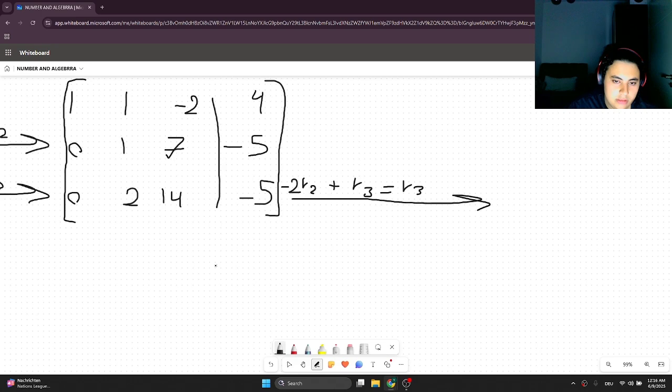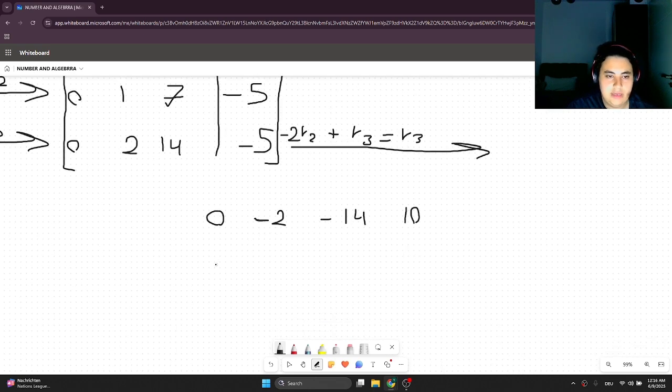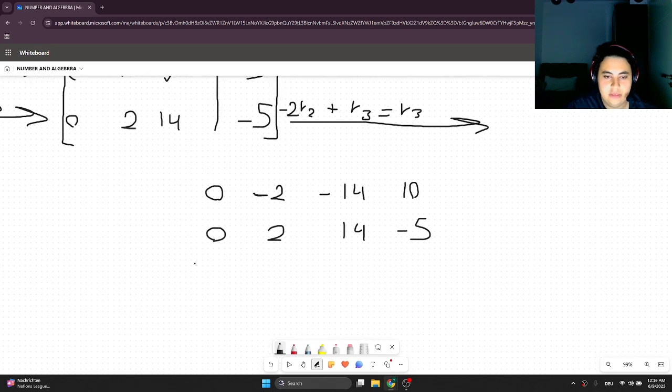So the second row multiplied by negative 2: 0 times negative 2 is 0. 1 times negative 2 is negative 2. 7 times negative 2 is negative 14. And negative 5 times negative 2 is 10. Then we have 0, 2, 14, and negative 15.